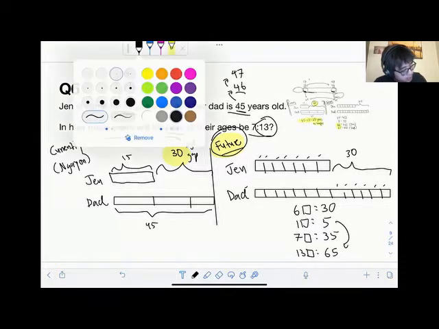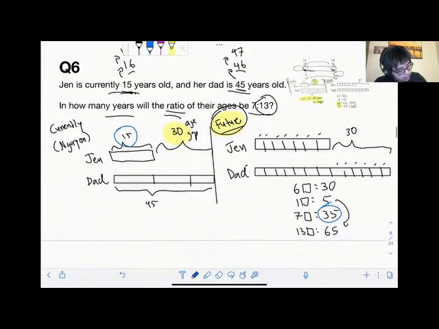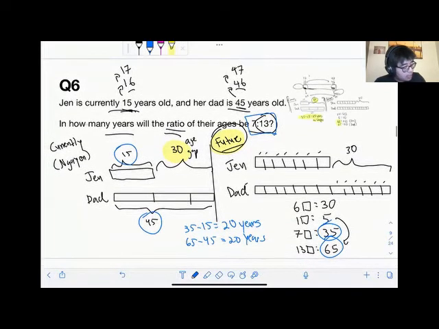So kung si Jen ngayon ay 15 at sa kinabukasan ay 35, 35 minus 15 equals in 20 years. Makukuha din natin kung titinan natin si dad ngayon 45, sa kinabukasan 65, 65 minus 45, also 20 years yung lumipas. Para magiging 7:13 yung ratio ng edad nila.